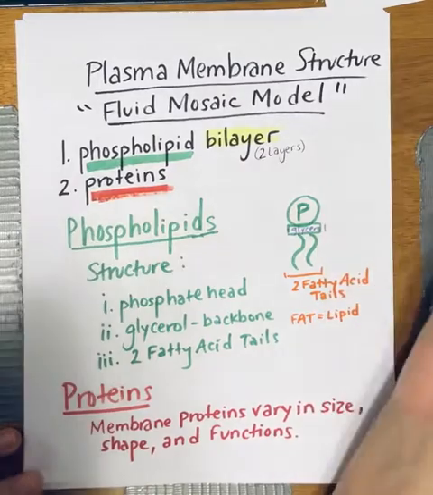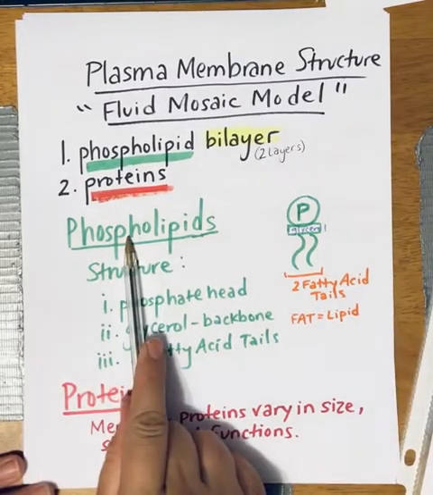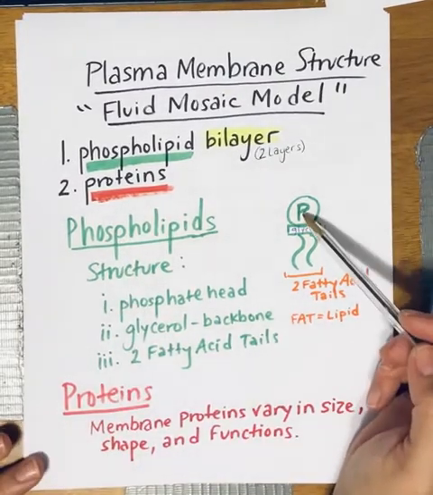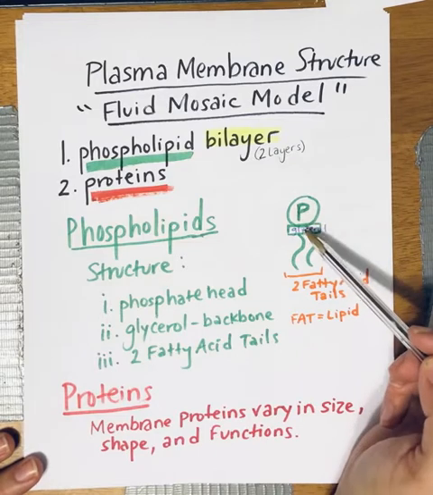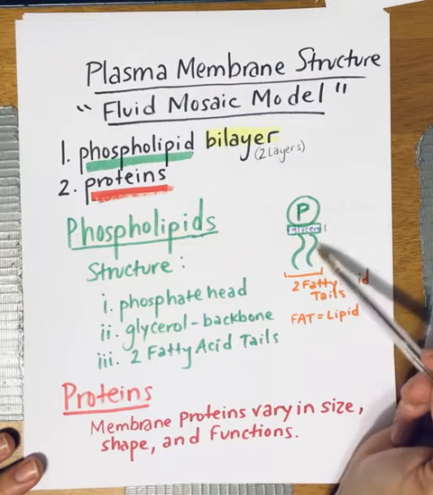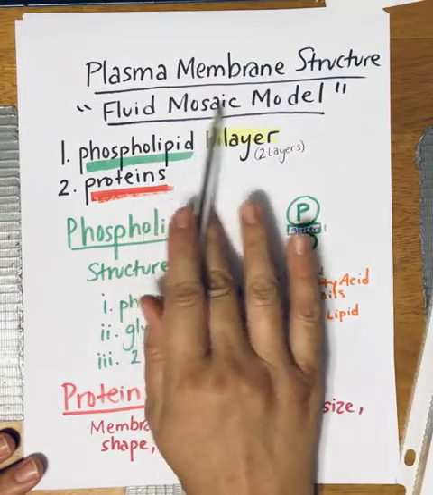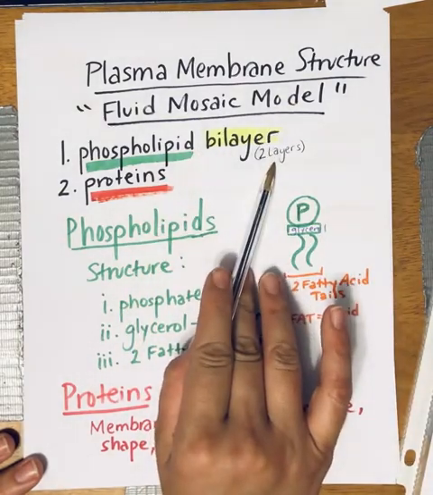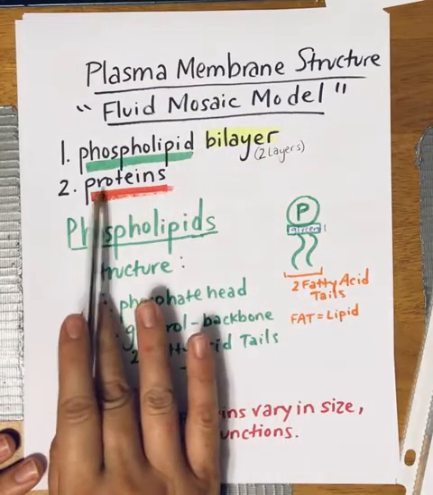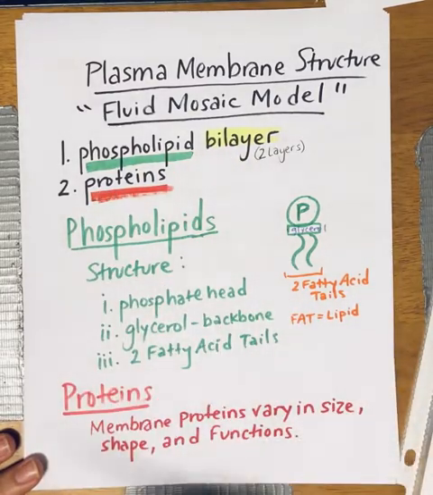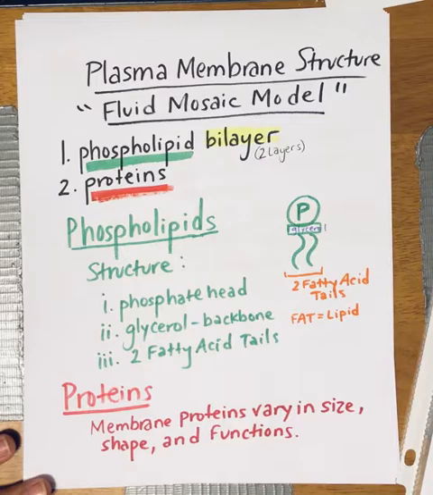Now, when we talked about phospholipids, one phospholipid has a phosphate head, a glycerol, and two fatty acid tails. That's one phospholipid. So the fluid mosaic model is going to have two layers of these. And we're going to have proteins that are going to vary in size, shape, and function.